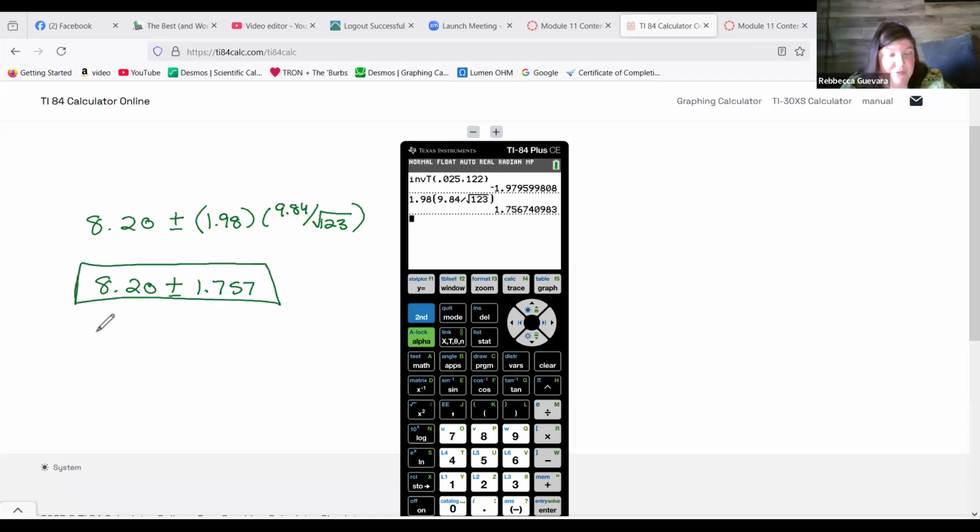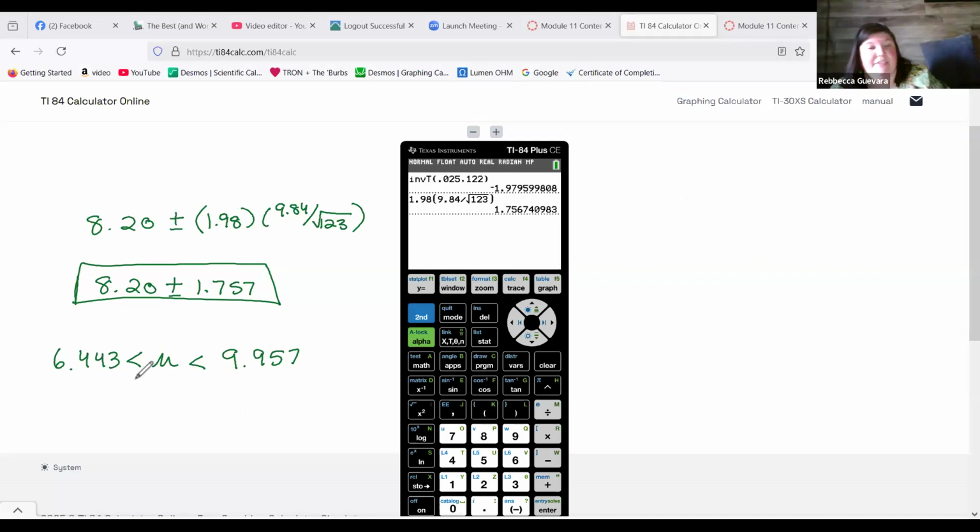So this is my confidence interval, or you can say it's going to be 6.443, which is less than mu, which is less than 9.957.